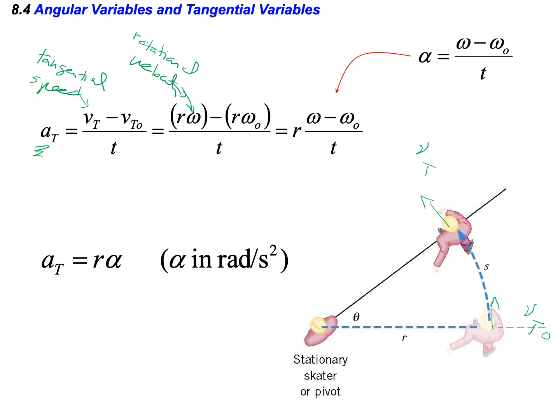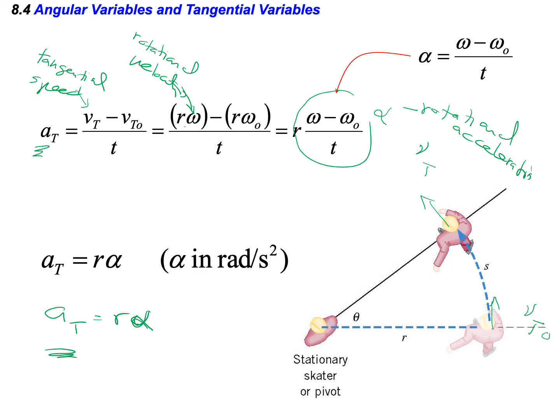So omega is rotational speed or velocity. So vt is r omega, vt naught is r omega naught. So minus, over time t. So r is common, so you can take it out. Omega minus omega naught over t. Omega minus omega naught over t is equal to alpha. It's a rotational acceleration. So at is r alpha. Linear acceleration, tangential acceleration is equal to radius times rotational acceleration.